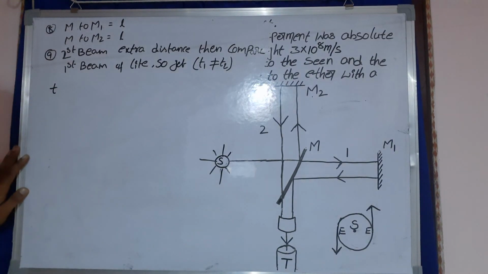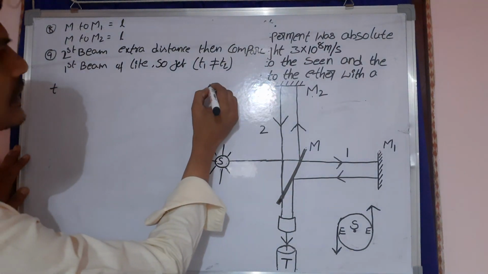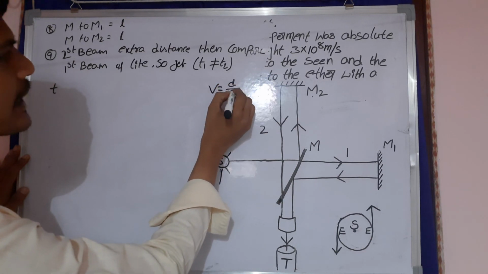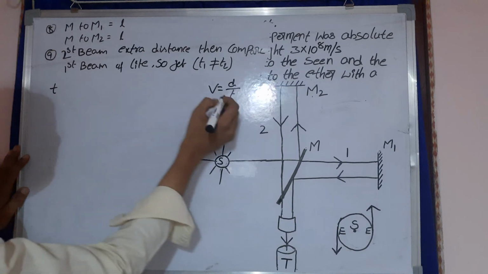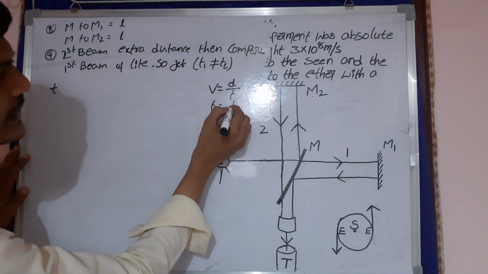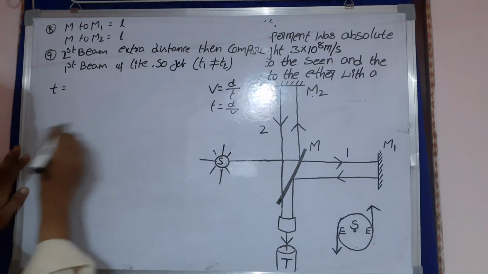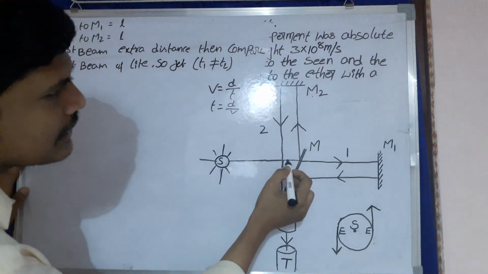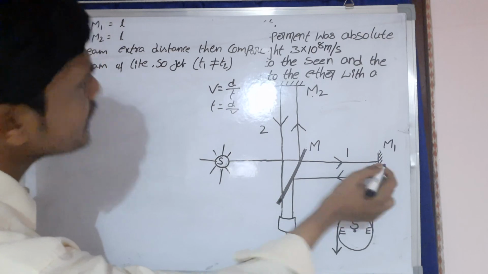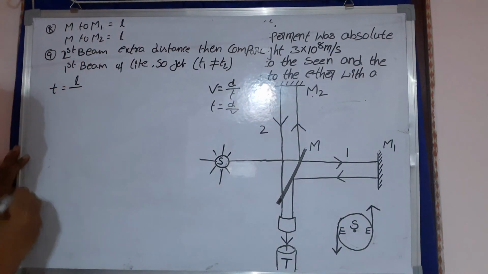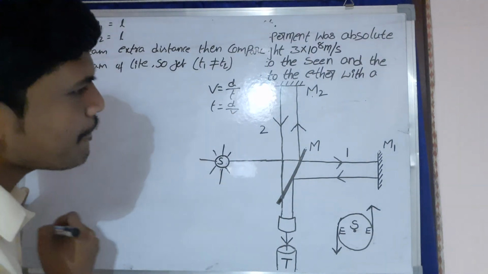Velocity equals distance by time, so time equals distance by velocity. Time T equals the traveled distance L by velocity.